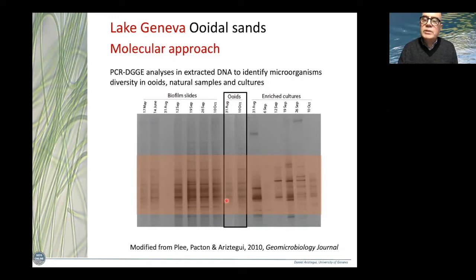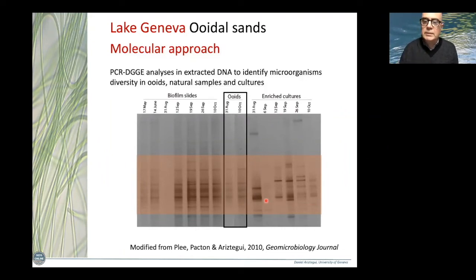And of course, as you would expect, in the ooids you have a lot less because most of the organic matter had been partially destroyed because the organisms are dead, different with the enriched culture where you enrich some of them a lot more than in the natural system.